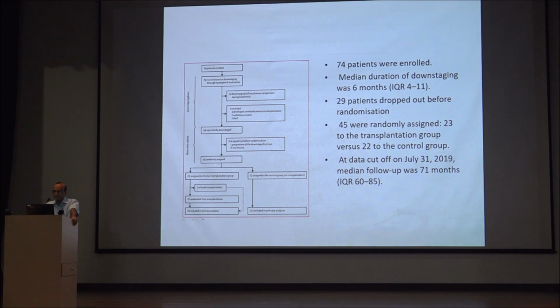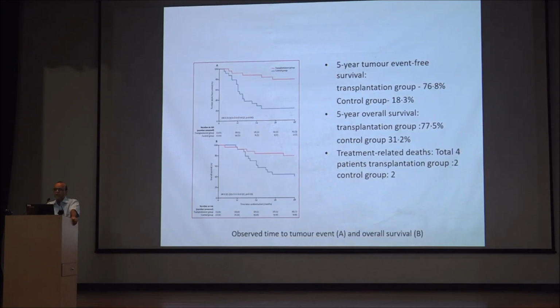And they had to do a cutoff analysis in the middle. What they observed is that the 5-year tumor event-free survival in the transplantation group is 76%, and in the control group, that is, if you downstage successfully but don't do transplant, it is 18%, which is obviously statistically quite significant. Overall 5-year survival in the transplant group is 77%, and in the control group it is 31%.